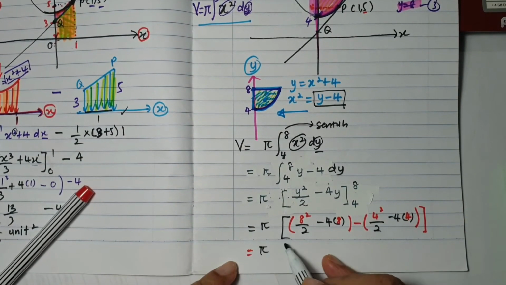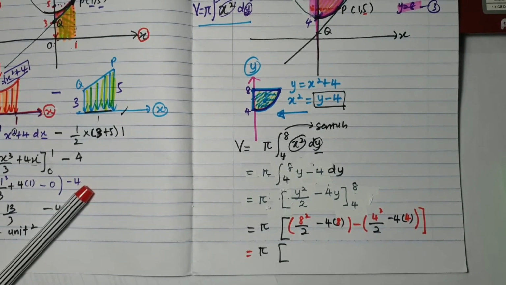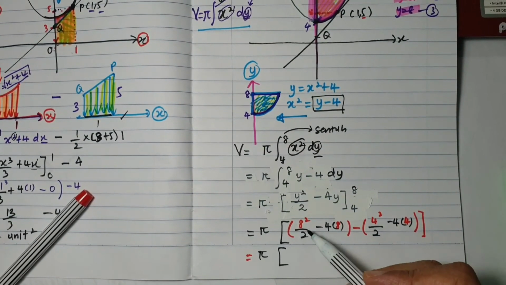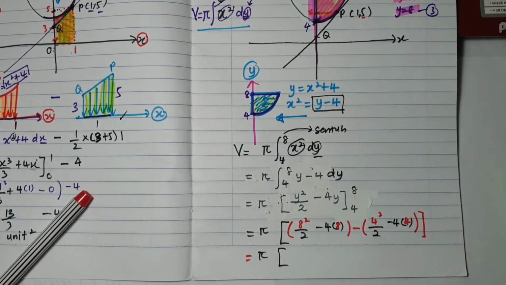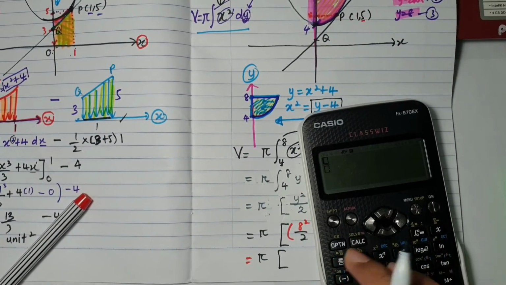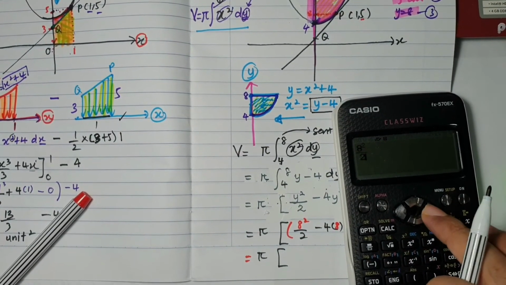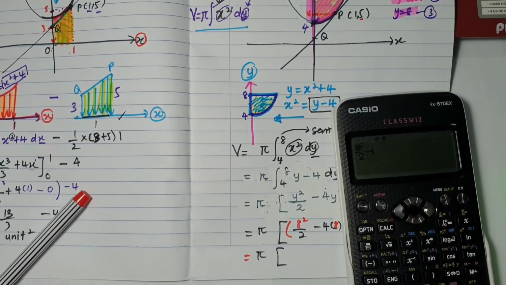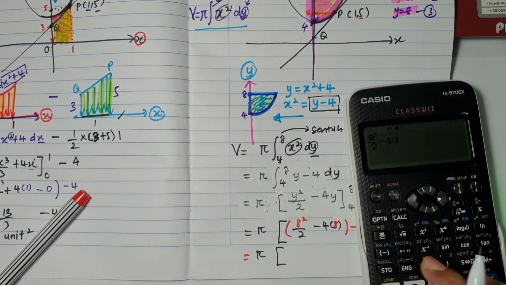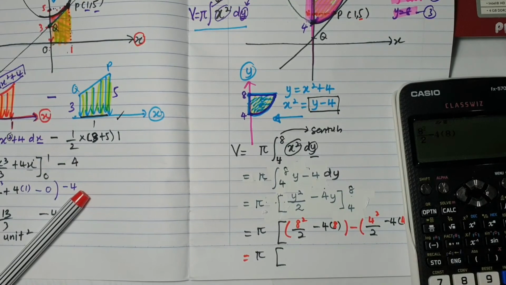Let's solve this. 8 squared over 2, that is 64 divided by 2, minus 4 times 8, in a big bracket.